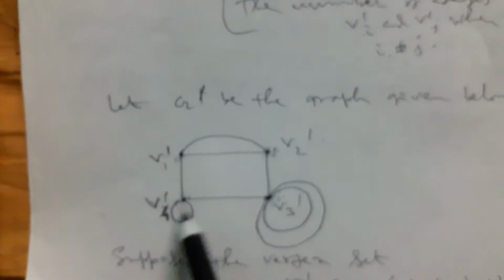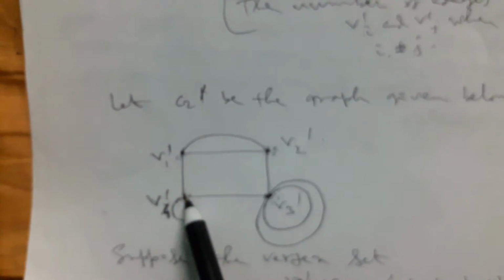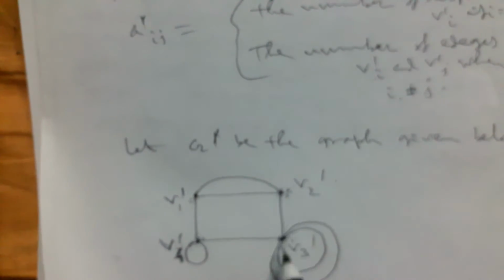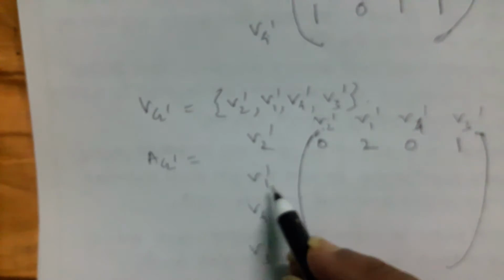V2 dash and V1 dash, two parallel edges, so the result will be 2. V2 dash, V4 dash, no connection, no incidence of edges, so the result will be 0. V2 dash, V3 dash, only one edge is there, the result will be 1.